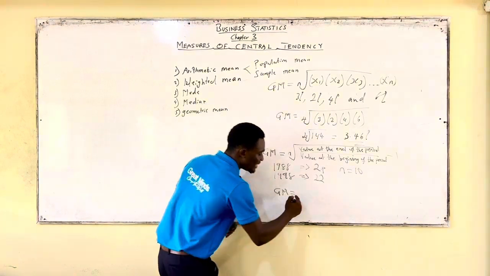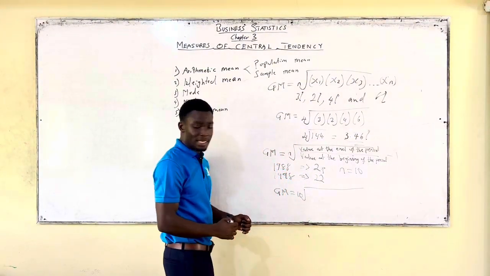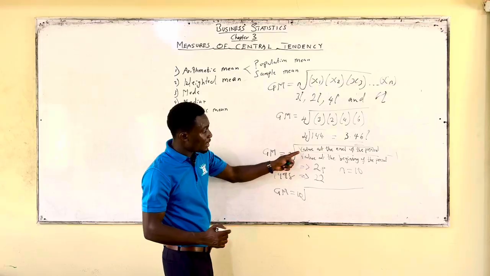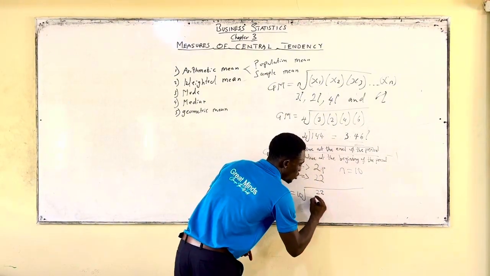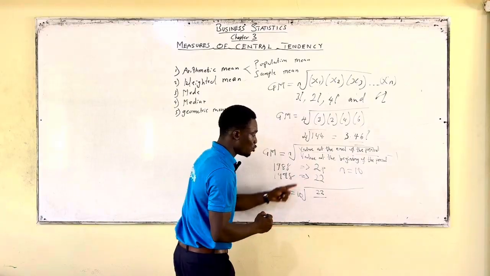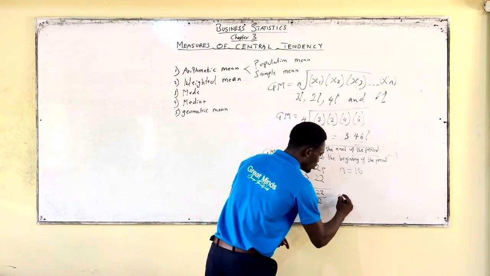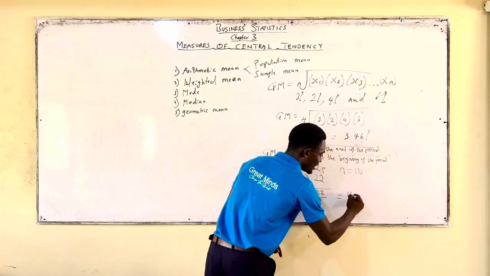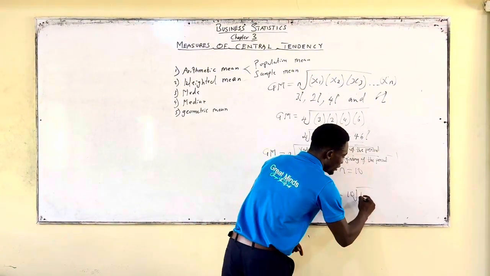10. So it's going to be the 10th root of the value at the end, which was 22, over the value at the beginning, which is 2. So this is going to give us the 10th root of 22 divided by 2, that's 11.